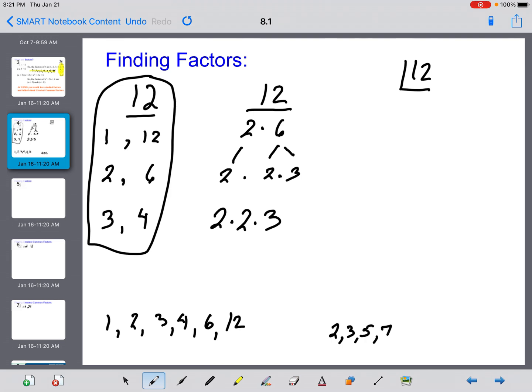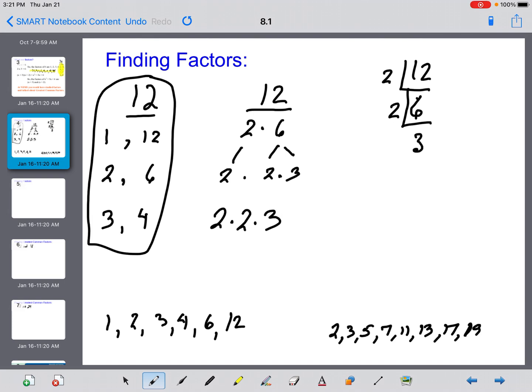And by the way, prime numbers are numbers like 2, 3, 5, 7, 11, 13, 17, 19. You should know those. Prime numbers are numbers that only have one and themselves as factors. So the smallest prime number in the world is 2. 2 goes into 12 6 times. 6 is not a prime number, so we repeat the process.